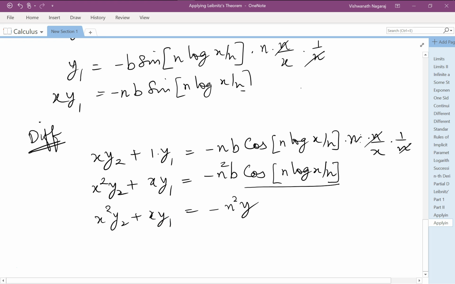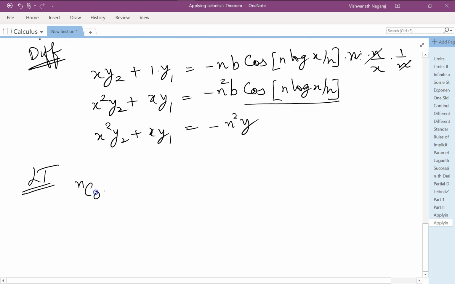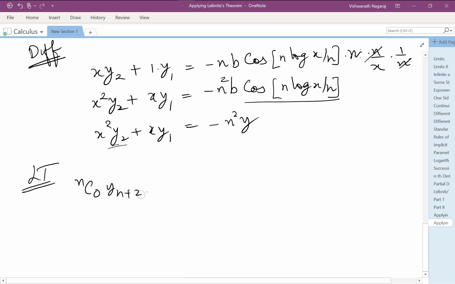Now we apply the Leibniz theorem. nC0, let's say y2 is u, so y_(n+2) and x square as it is, plus nC1 y_(n+1) and 2x plus nC2 y_n times 2. Next time when we take the differential of 2, it will become 0. So we stop. So this is done.